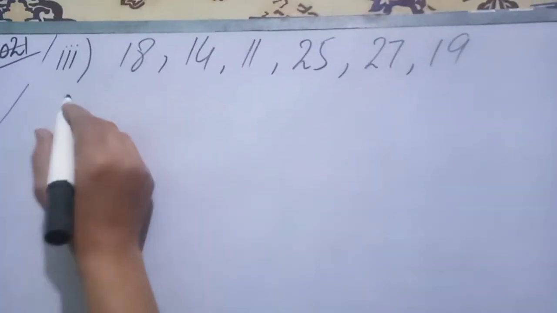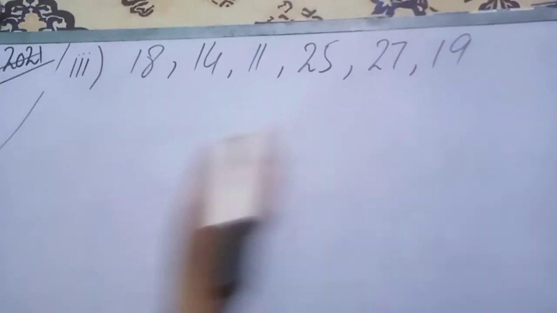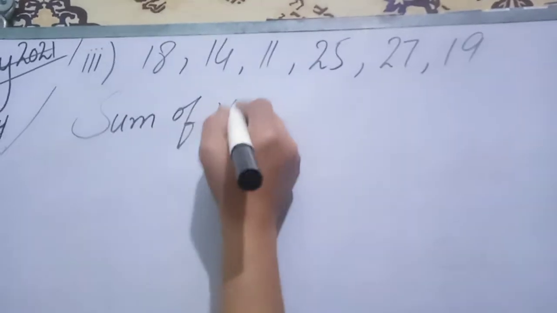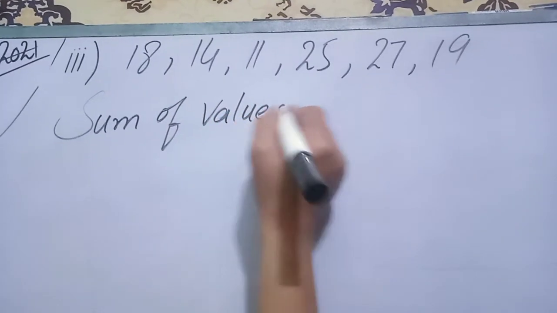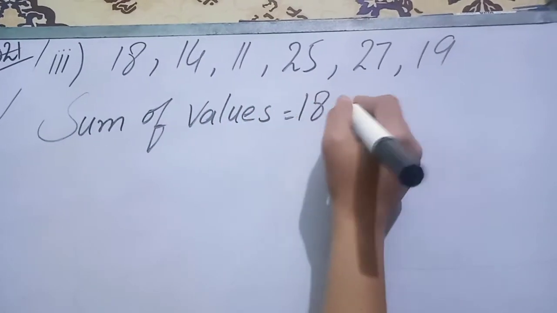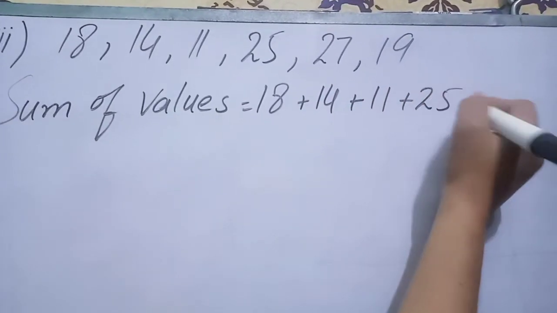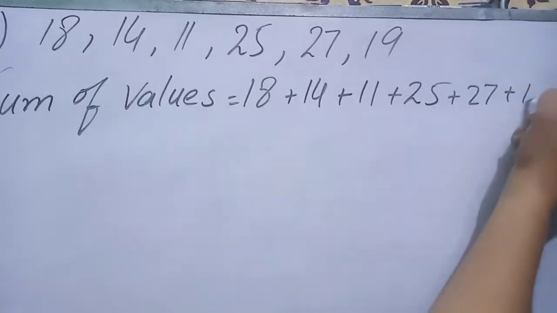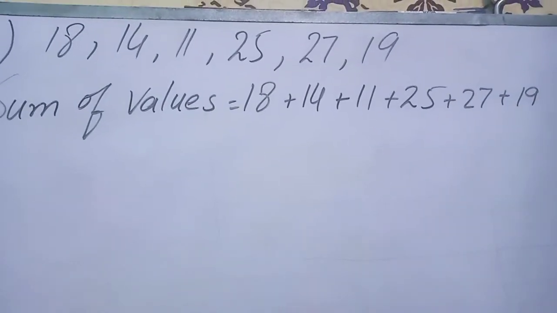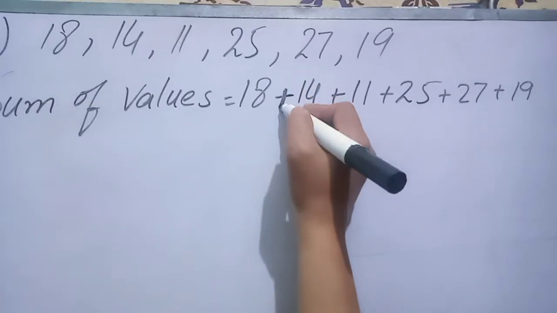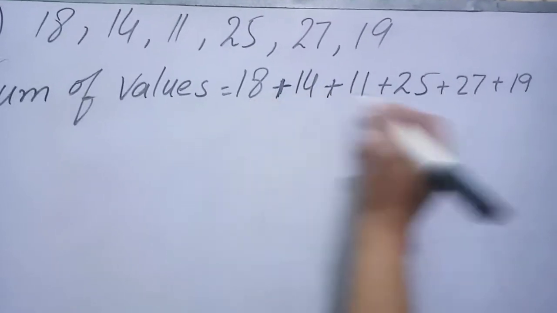Now students, in the third question you have been given the data. First thing we have to find here is the sum of values. The sum of values we have to find here: 18, 14, 11, 25, 27, 19. Students, one thing you must remember here is that we must use this sign, it means to sum these values.